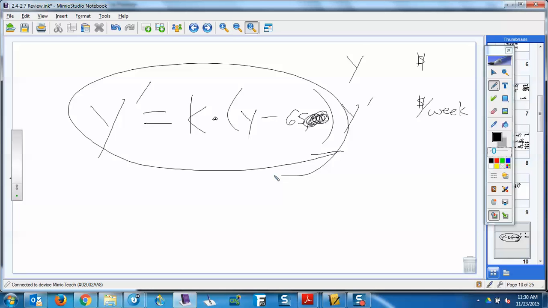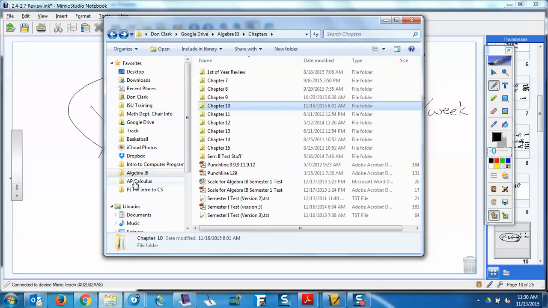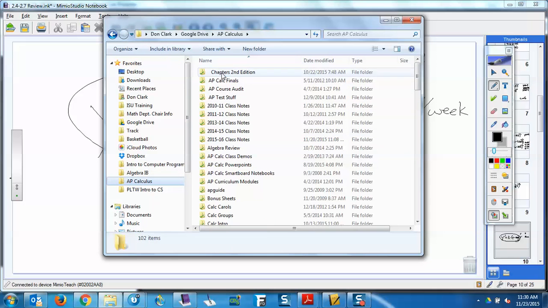That's it. That's everything. If you look at the assignment sheet, that's plenty. But let's look at the assignment sheet.